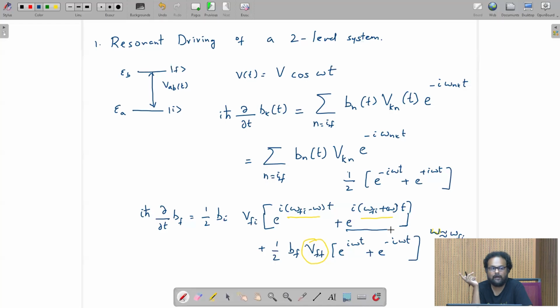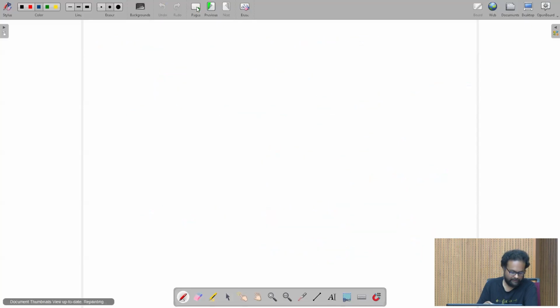Okay, but the important thing is that this approximation is going to be valid only if we are driving the system at a frequency which is close to its frequency, omega_FI. So we are operating close to the resonance condition. That's one of the important prerequisites for the rotating wave approximation. Okay, so far so good. If I do this, then I can simplify my equation.